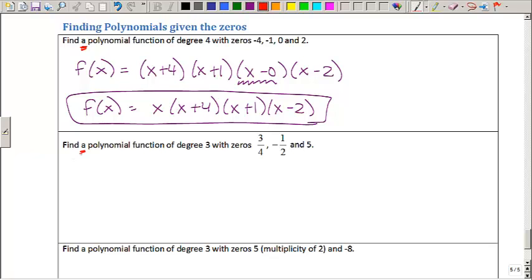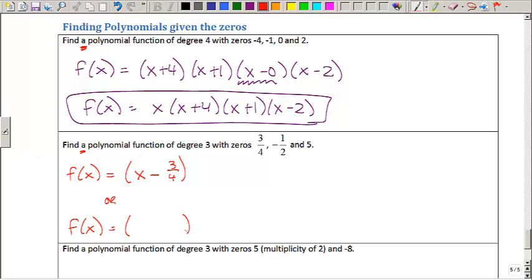On the next problem, it says find a polynomial function of degree 3 with zeros, and they give you the 3 zeros. I want you to understand that there's more than one answer here. If I have a 0 of 3/4, then my factor is going to be x minus 3/4, is one of the possible factors. But can you think of another factor for a 0 of 3/4?